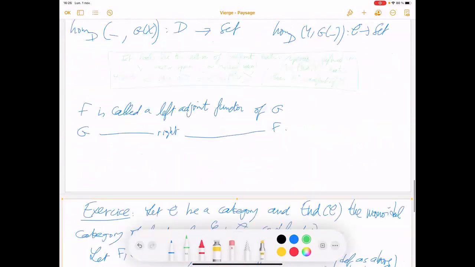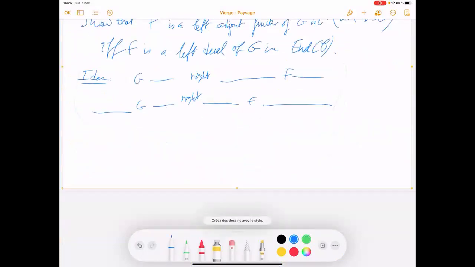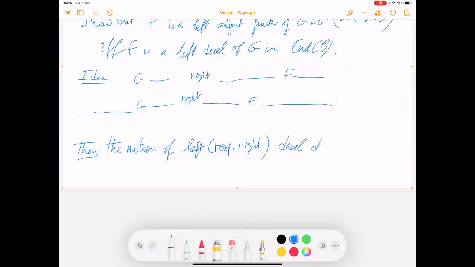So the notion of left, respectively right, dual object generalizes the notion of left and right adjoint functor.